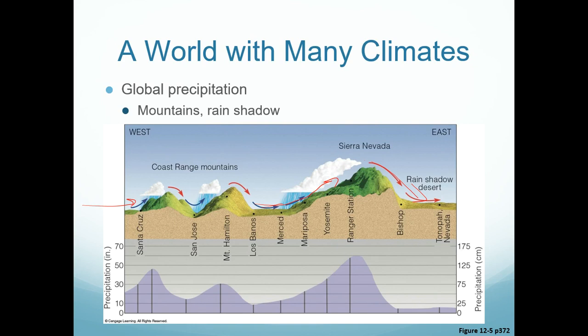So you end up with a modified air mass that has lost all its water due to rain and precipitation over the 3 mountain ranges. And because it's lost water, it's descending. Every time it rises, it cools at 6 degrees, so it cools a little bit, but then descends on the other side at 10 degrees Celsius per kilometer.